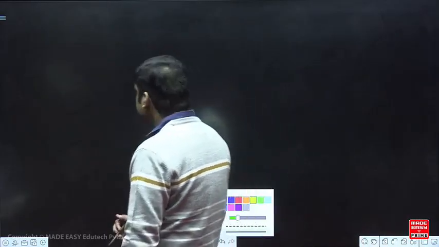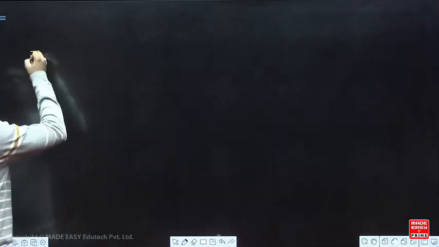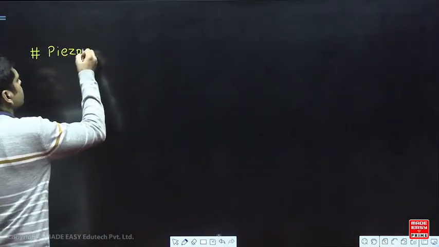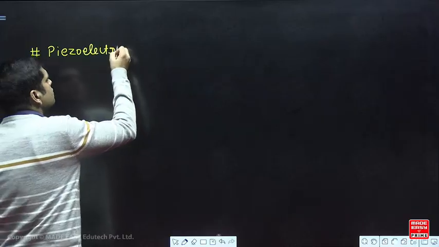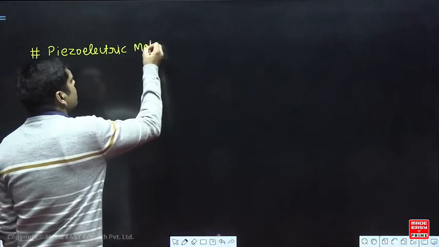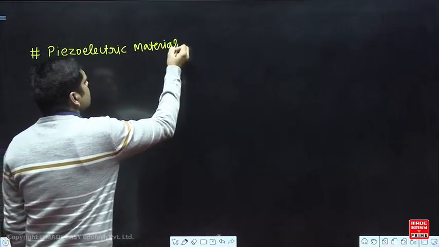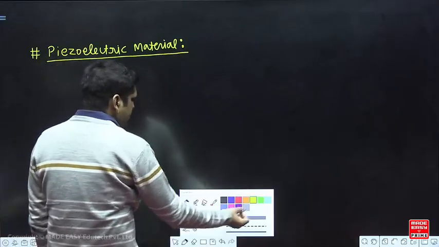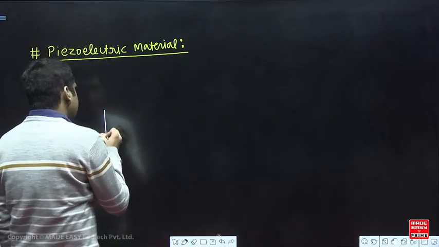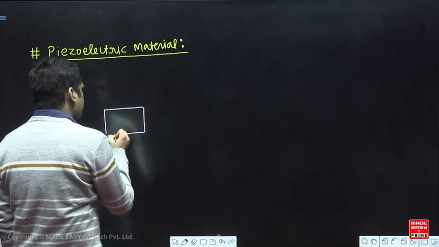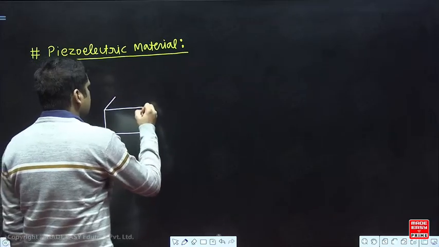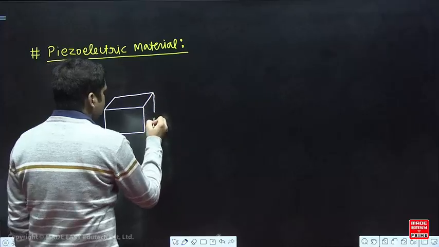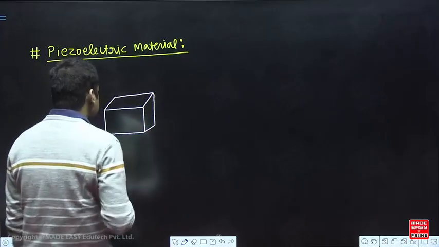आइए piezoelectric material, piezoelectric material, very good materials. These are the ionic materials, and in these ionic materials, nature has been very benevolent on us. It has given certain very beautiful materials, and it is one of those beautiful materials.